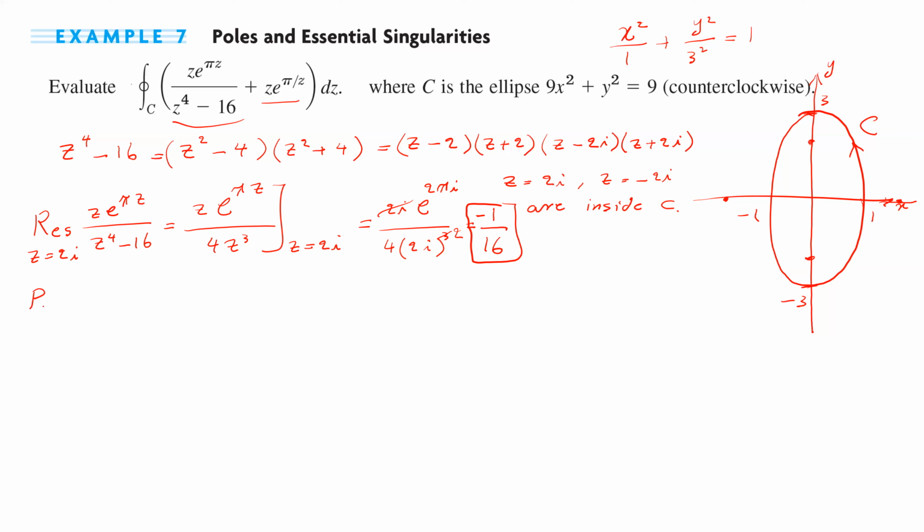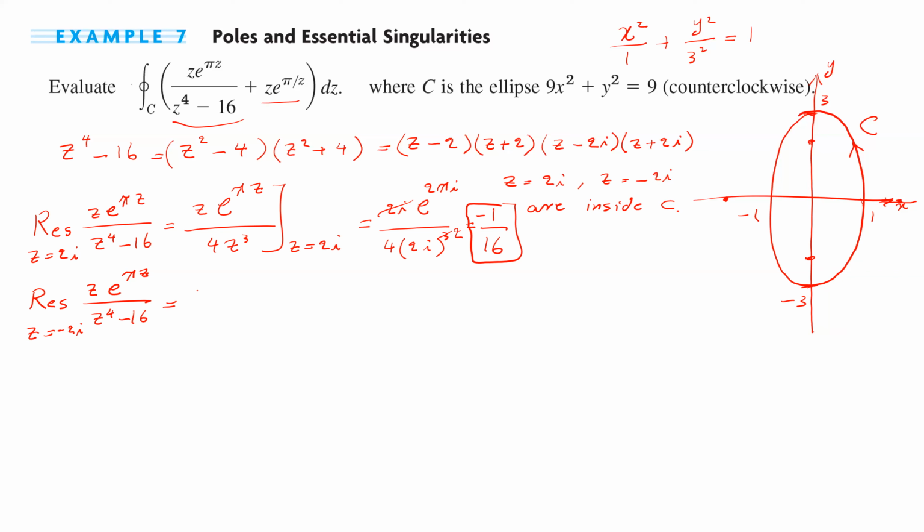What is the residue of z e to the pi z over z to the 4th minus 16 at z equal to negative 2i?